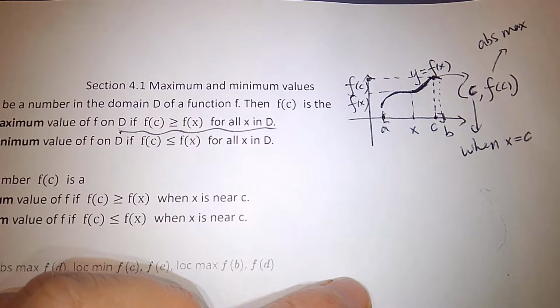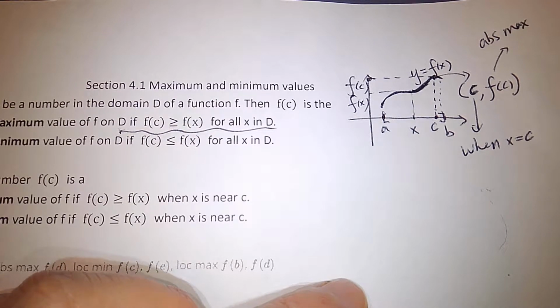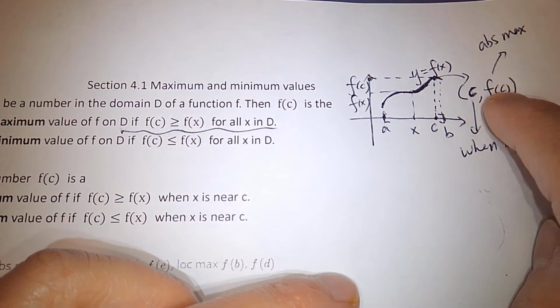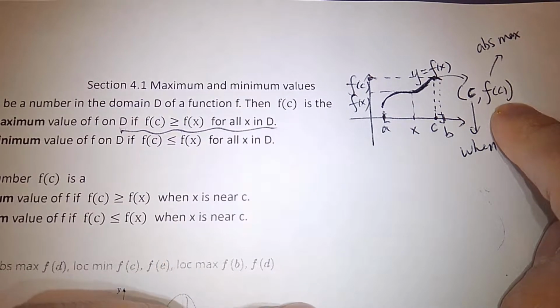Is this easy to understand? Absolute maximum is the highest point on the graph, where f has the biggest value. So that's called absolute maximum.